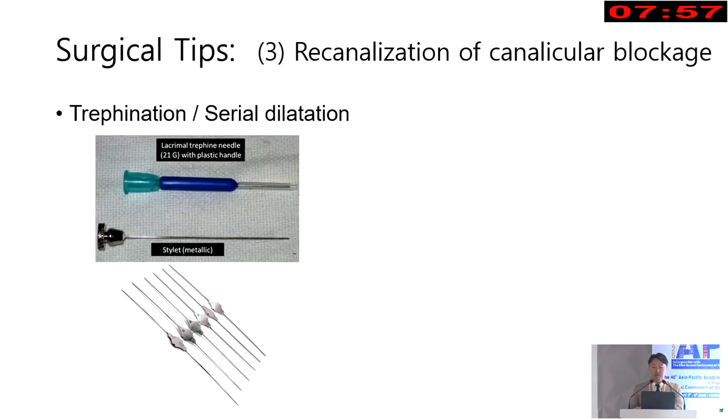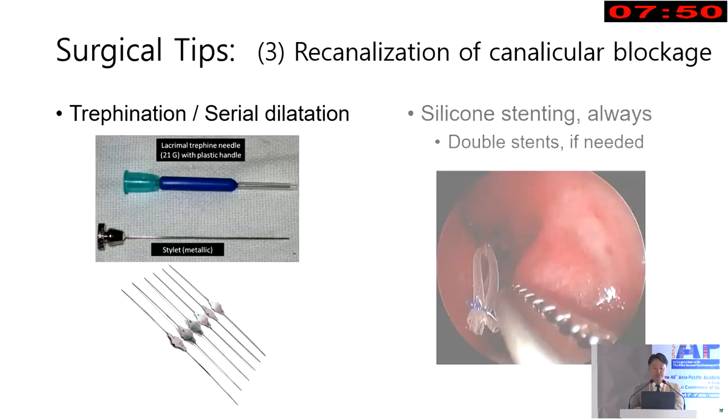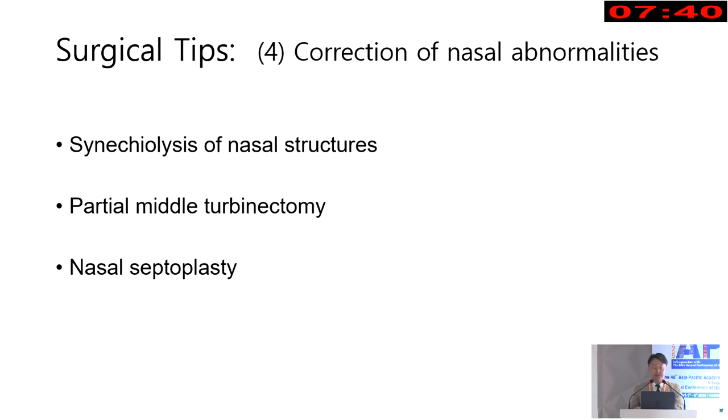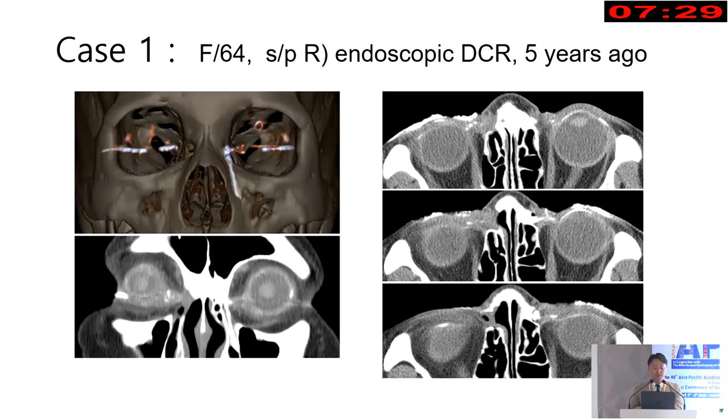For cases of canalicular blockage, trepanation or serial dilatation is helpful. Silicone stenting should be performed all the time, and double stenting could be beneficial to maintain the patency of the canaliculus. Synechiolysis should be performed. And partial middle turbinectomy or nasal septoplasty could be useful, but not always required.